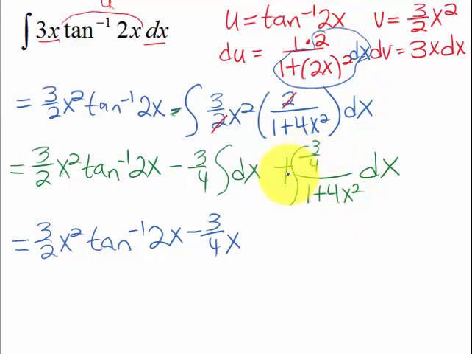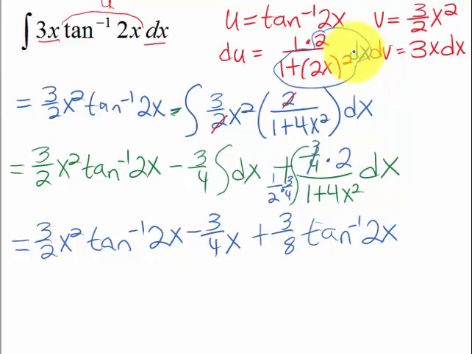I could bring the 3/4 out in front, and then I could put a 2 there that I need if I compensate for that by putting a 1/2 out in front as well. So if I have out in front a 3/8, then I would have here this integral, which ends up being tan inverse of 2x, because we see that's the function we had here when we differentiated inverse tangent of 2x. And then we would have plus a constant.